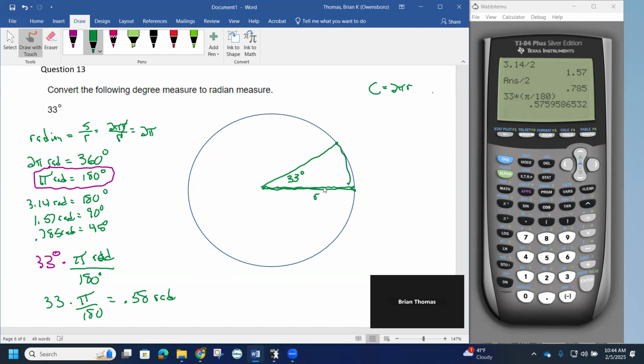But since all circles are similar, we can generate tables out of all this, and we don't have to do all this math, because circles are considered similar. So ratios become equivalent, it doesn't matter what the radius is. That saves us a lot of math. But if I wanted to make up a radius here, I could do this math, and it should give me 0.58 radians.